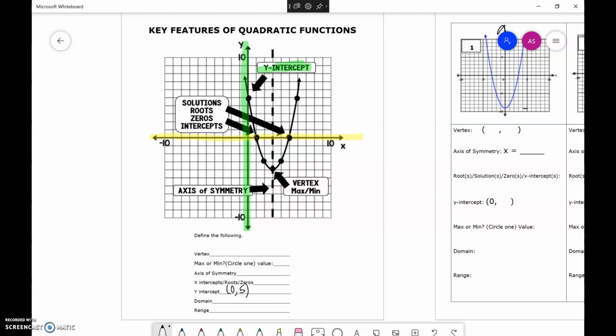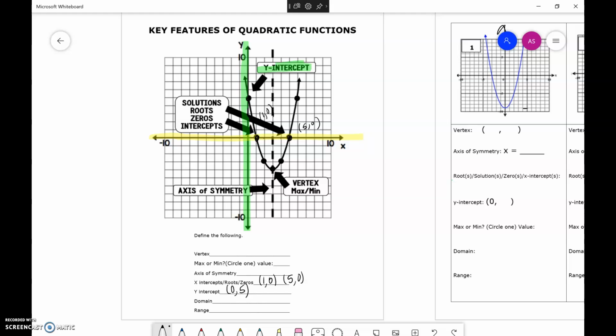Okay, so this first one is going to be (1, 0). And this one here is going to be (5, 0). Okay, so when I write out my answer, I'm going to write (1, 0) and I'm going to write (5, 0) because it's 2 of them.